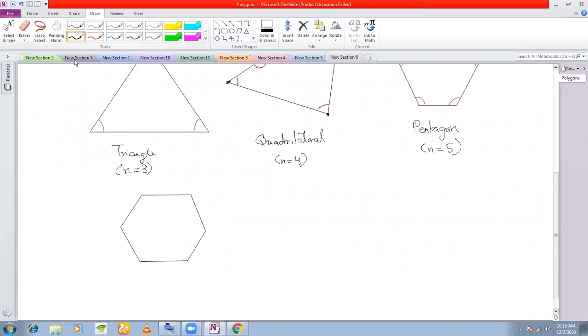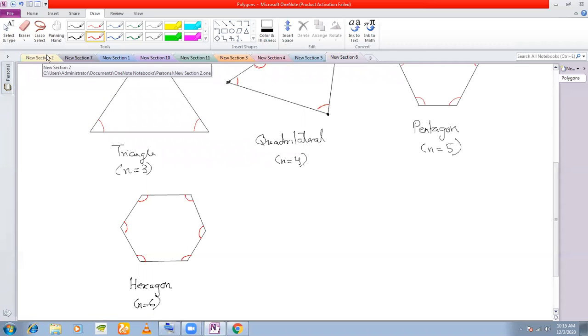It has 6 sides. All the interior angles are again less than 180 degrees. All these are interior angles that are less than 180 degrees.